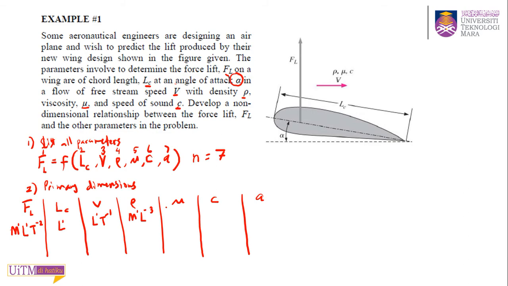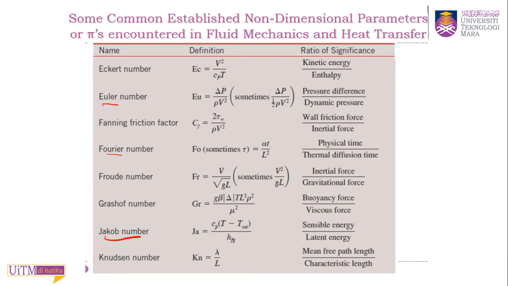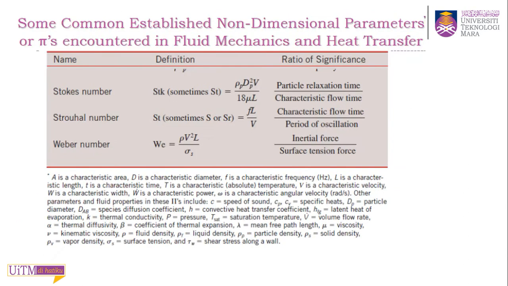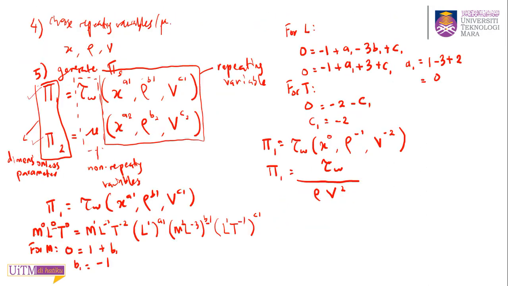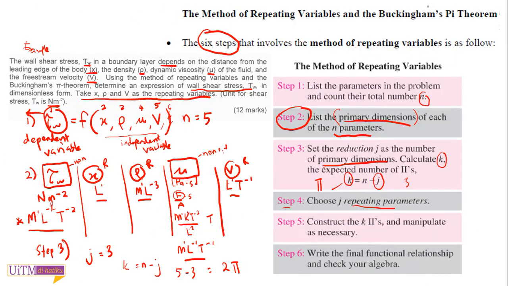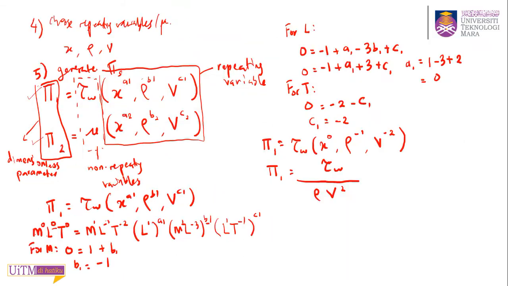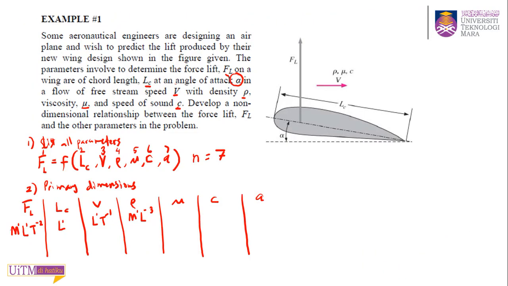I also did not really remember earlier. M1 L negative 1 T negative 1. Right? Right, sir.